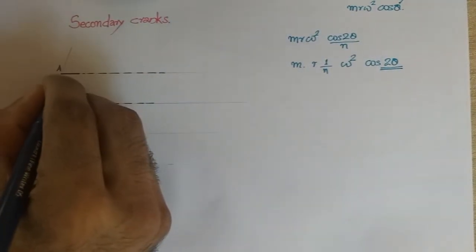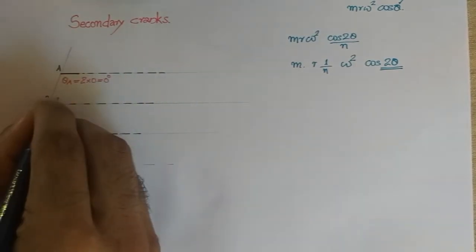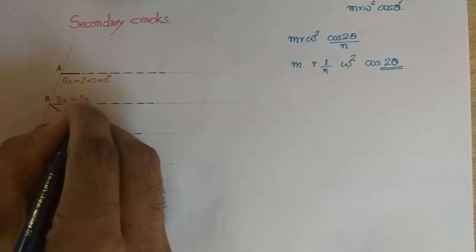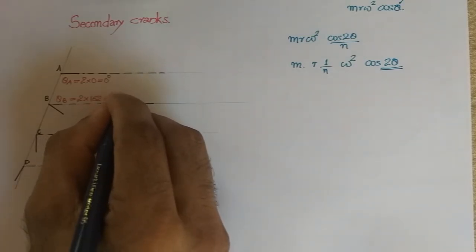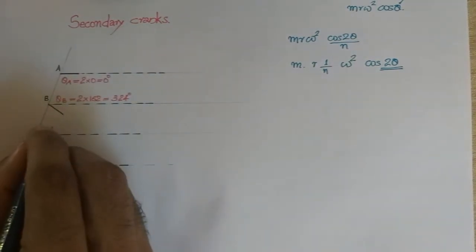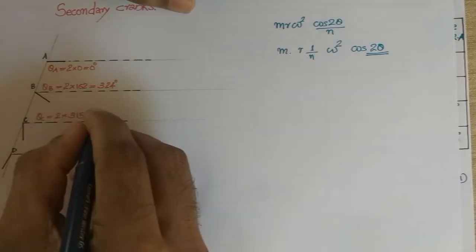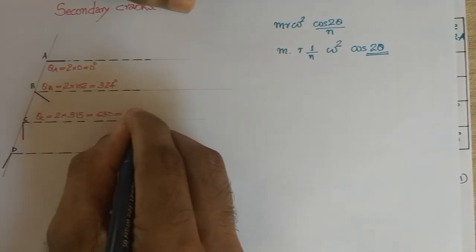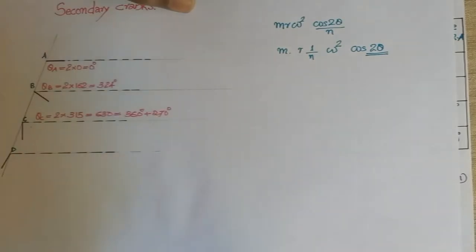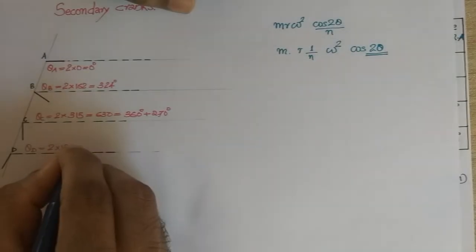So here theta A for the secondary crank will be 2 into 0, which is again 0 degree, and theta B will be equal to 2 into 162 degree, which is around 324 you will be getting, and theta C is equal to 2 into 315, which is around 630. 630 you can write as 360 full rotation plus another 270 degree, and theta D is equal to 2 into 120 degree, which is equal to 240 degree.